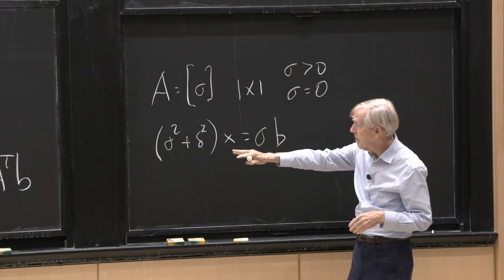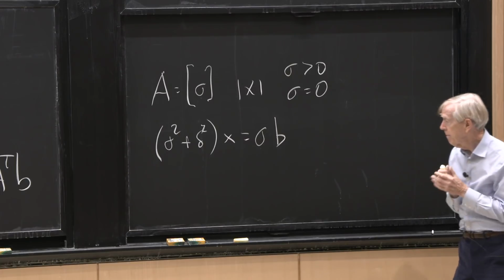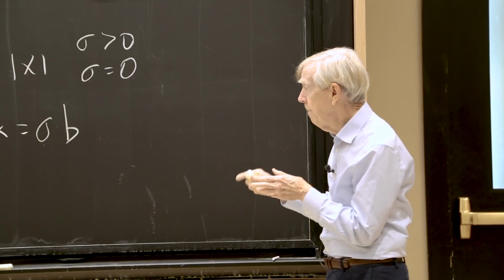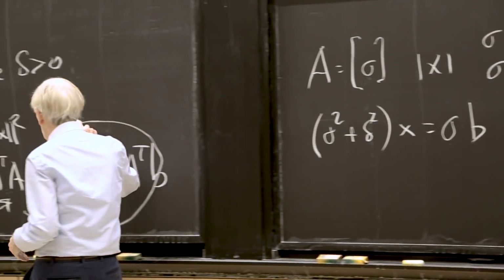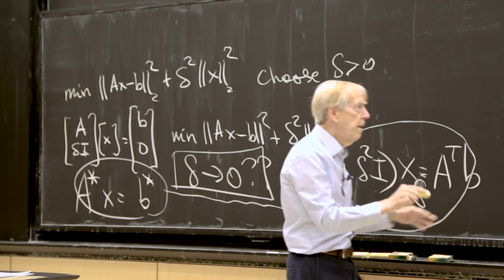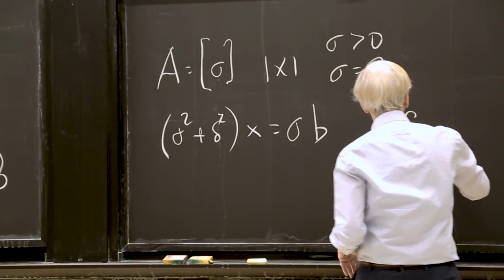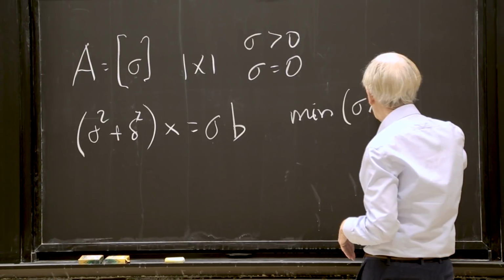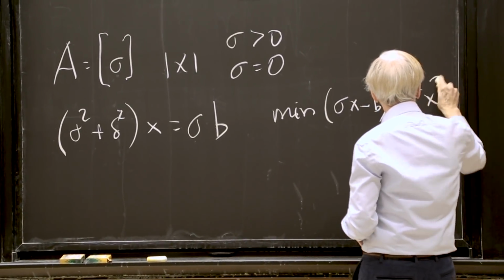Using the penalized problem on a 1 by 1 case, which you could say is kind of small, for solving this equation, or equivalently minimizing this. So I'm finding the minimum of sigma x minus b squared plus delta squared x squared.